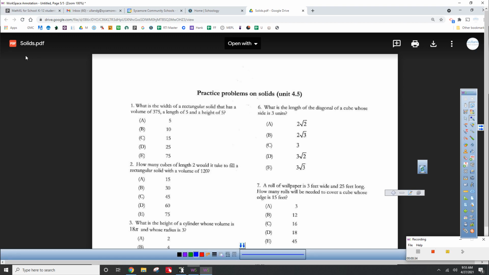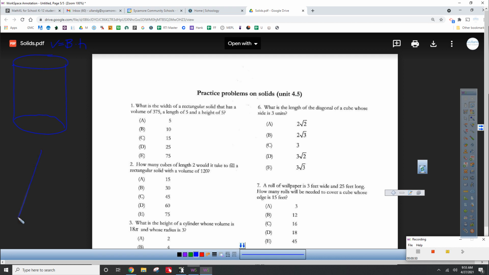Alright, so if the top and the bottom are the same shape, for example, like a prism or a cylinder, then the volume is the area of the base times the height. So for this one, it'd be pi r squared times h.